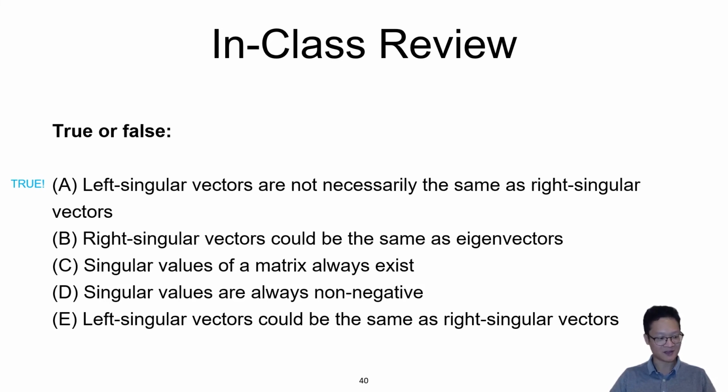If you look back at the previous slide, the slide that talks about how to go from SVD to eigen decomposition, sometimes the U matrices are actually the same in the eigen decomposition as well as the SVD.